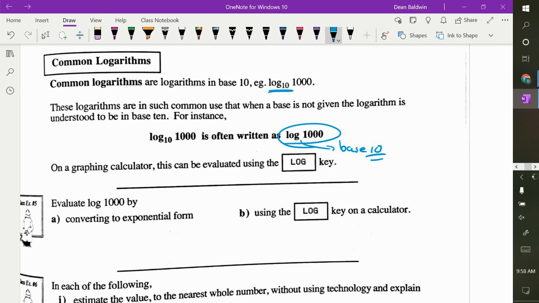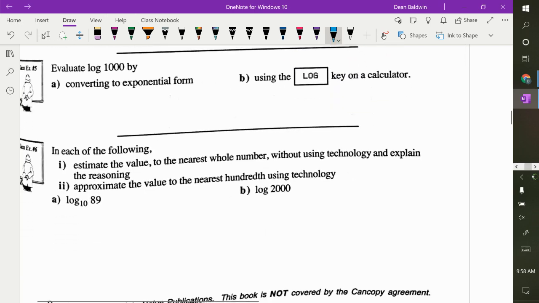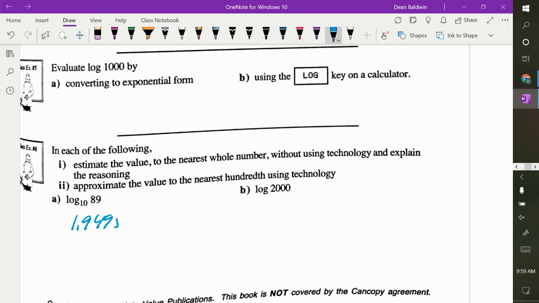Does everybody have a LOG button? Yeah. So when it's base 10, that is the button you hit. If I asked you to evaluate log base 10 of 89, you would tell me the answer is 1.9495, whatever.